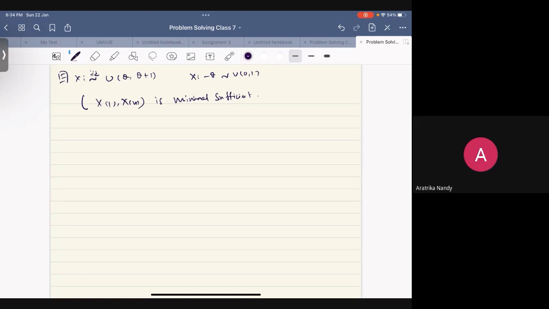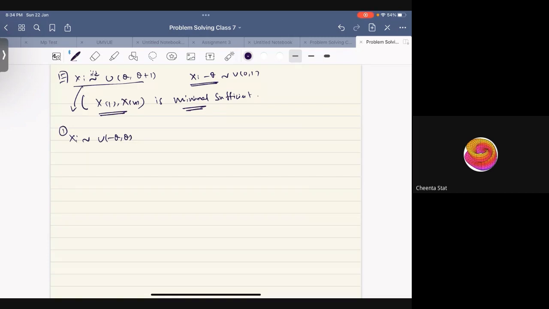First, to achieve the UMVUE, here with xi minus theta, how can you find the UMVUE? So there you can get X order one, X order n as minimal sufficient, not the complete sufficient statistic. I am giving you an example: uniform minus theta. For this you can get the complete sufficient statistic.